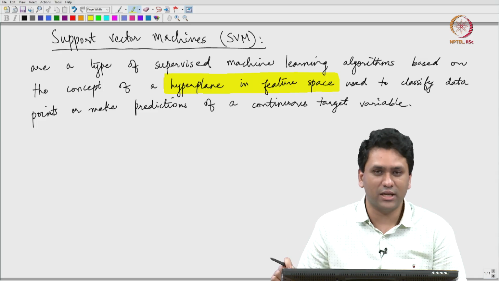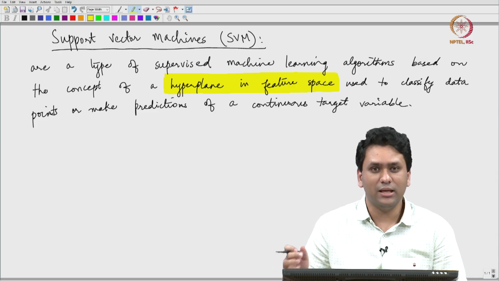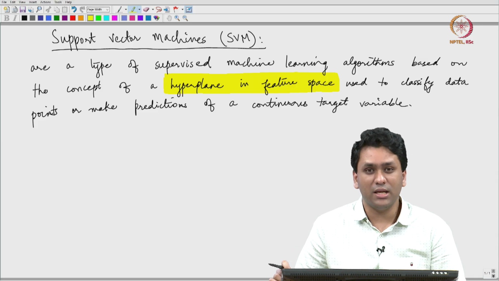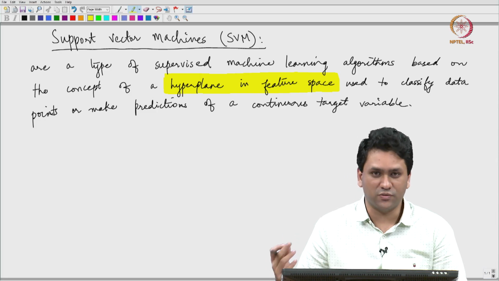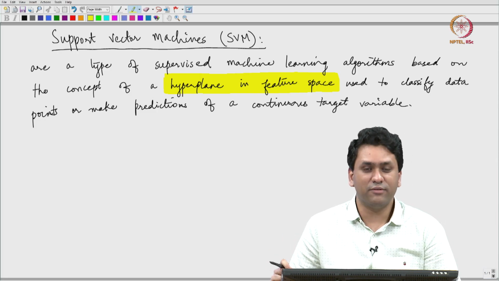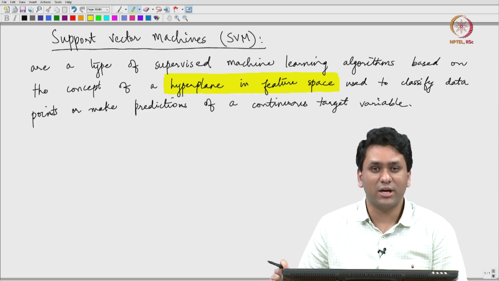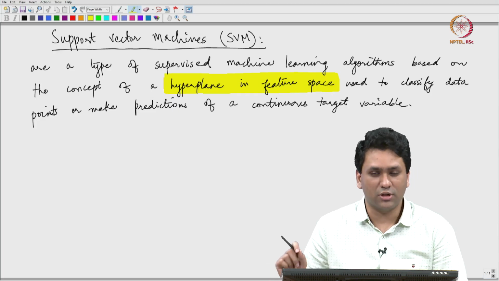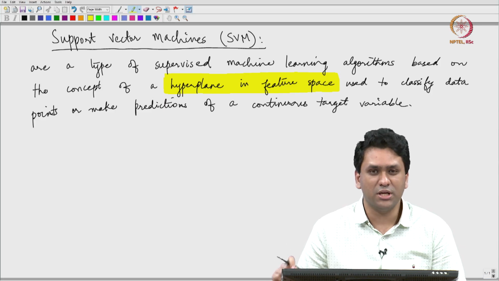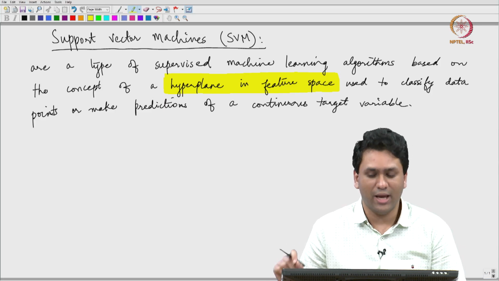If you draw something in 2D, it is a line. In 3D you can draw a plane, and similarly when you go to p dimensions, let us say you have p different features, so you are operating in a p dimensional space. There you can define a hyperplane. So, the concept of a hyperplane is central to the machine learning algorithm, that is SVM.